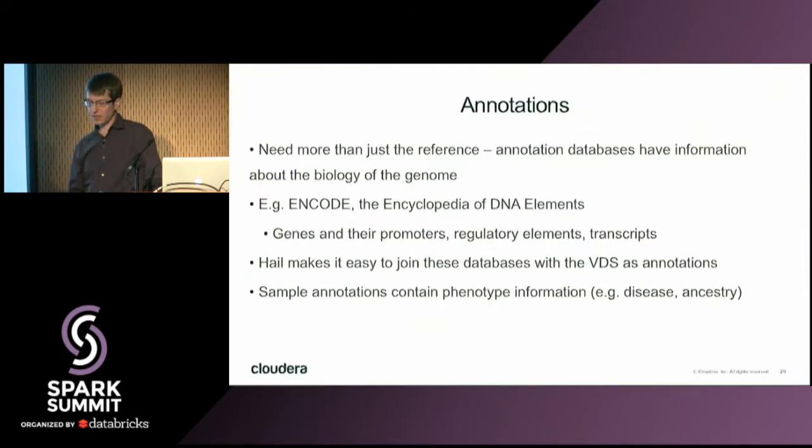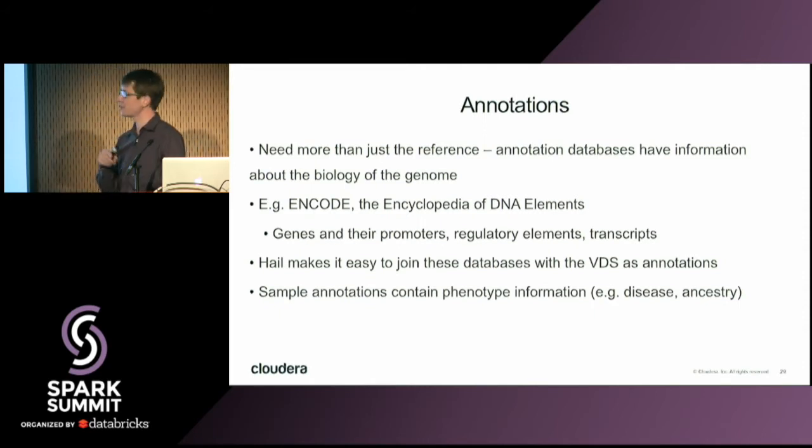And so what Hale does is allow you to join databases like that with the whole of your data set. One example is ENCODE, which I've mentioned here, which is the encyclopedia of DNA elements, and that has information about all the genes, where they occur in the genome, and positions of regulatory parts that control the expression of those genes.